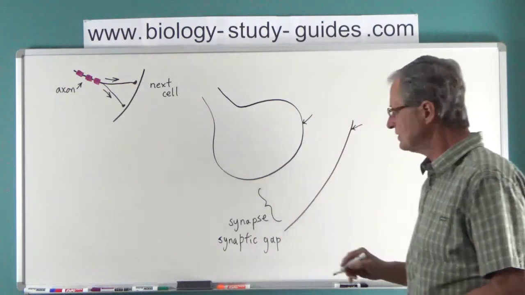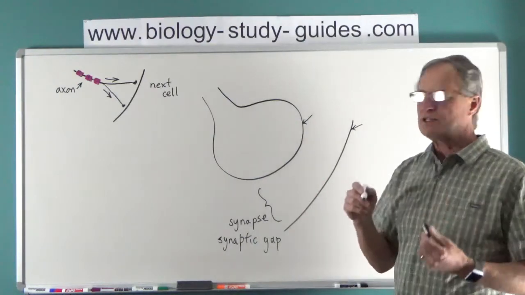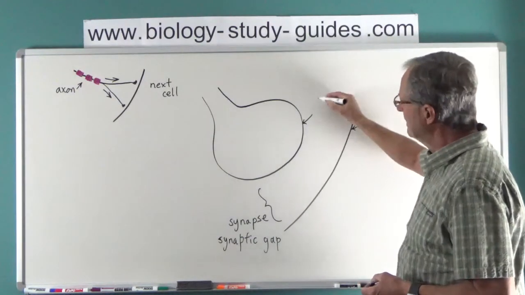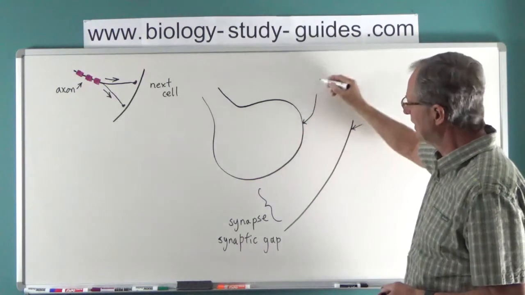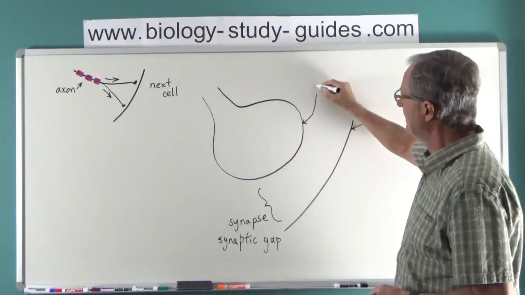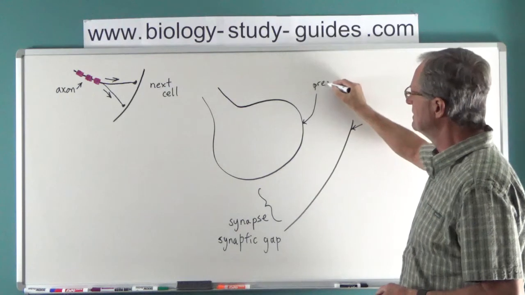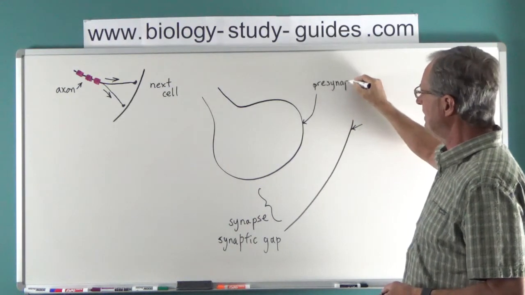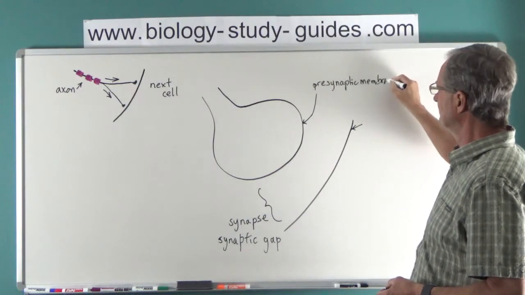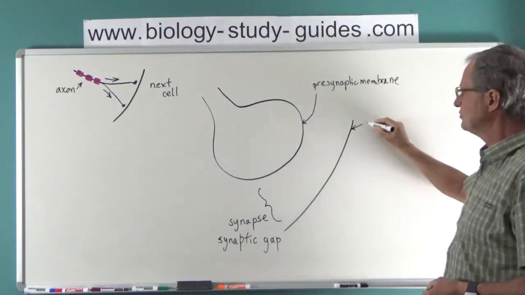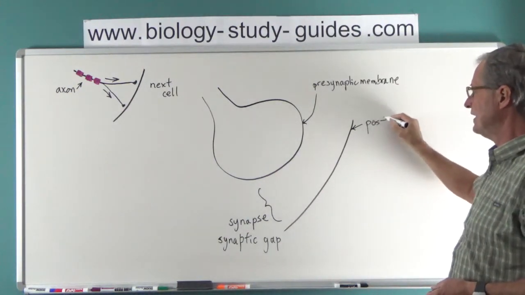Important to recognize that these cells do not touch. This membrane at the beginning, at the end of the nerve cell, but the beginning of the synaptic gap, is called a pre-synaptic membrane. And then it follows that the one on the other side is a postsynaptic membrane.